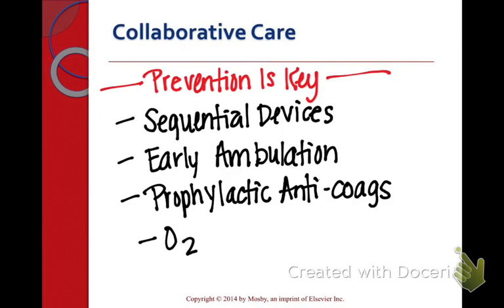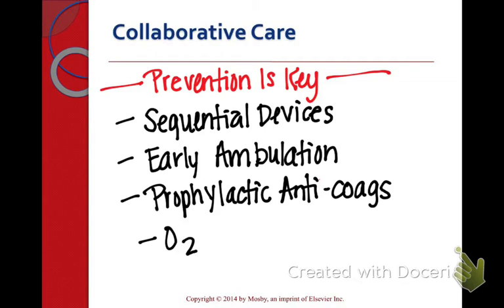So prevention is key here, and that is why we do all we do. We get people out of bed after surgery. We do the prophylactic measures in the hospital, Lovenox and all that. We put those sequential devices on people. All that stuff is very important.